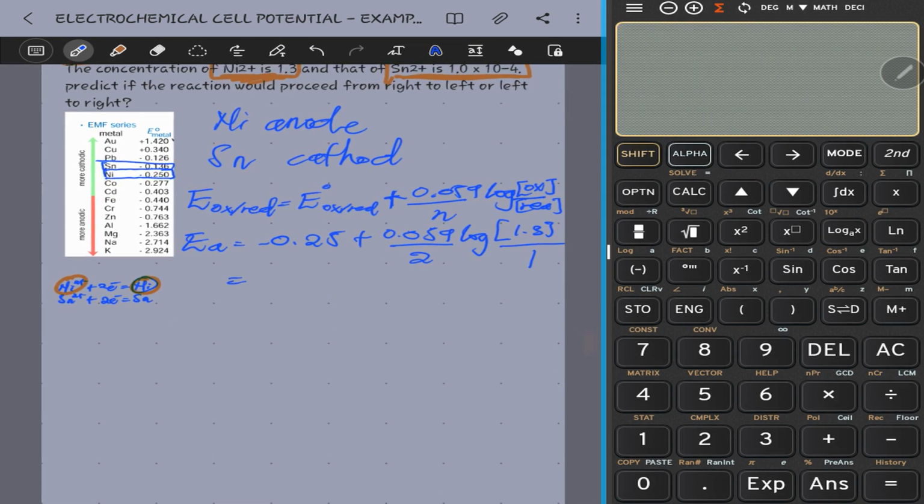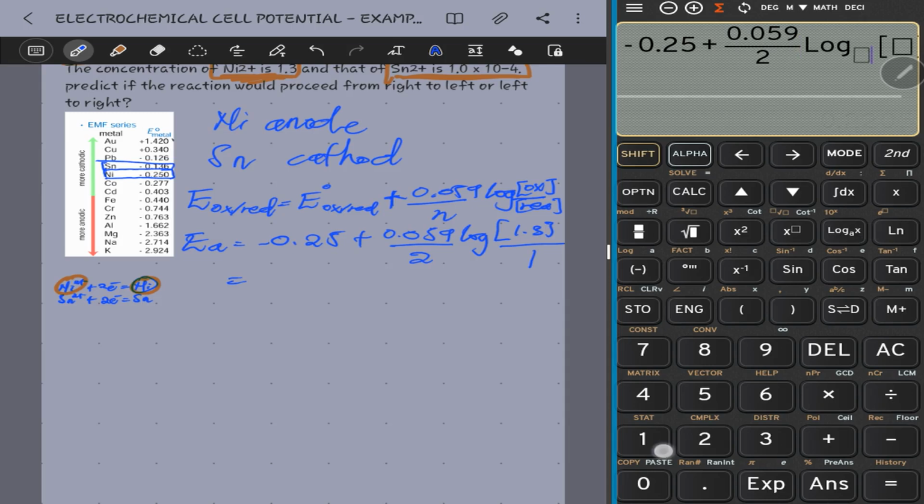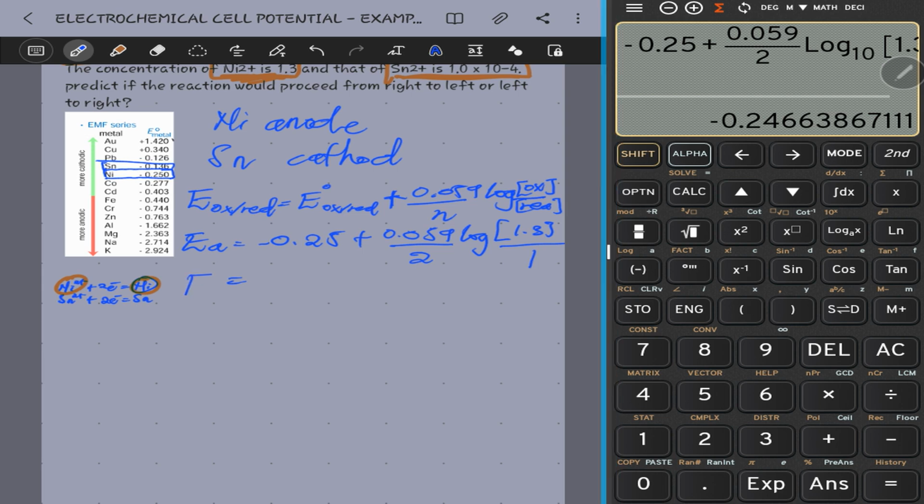So we have minus 0.25 plus 0.059 on 2 electrons, then log 1.3 on 1, which is the same as 1.3. And that gives us the potential of the anodic half of the cell, E anode, to be minus 0.2466 volts.